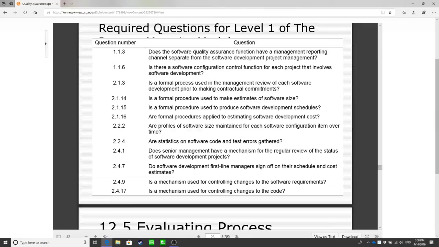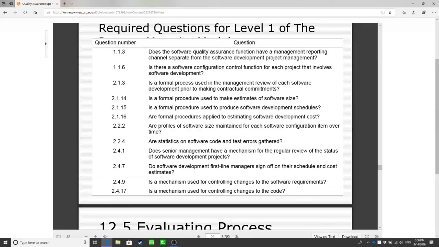Right. Second, is there a software configuration control function for each project that involves software development? Is a formal process used in management review of each software development? Okay, so the process, yeah, we have a process. Is it defined?